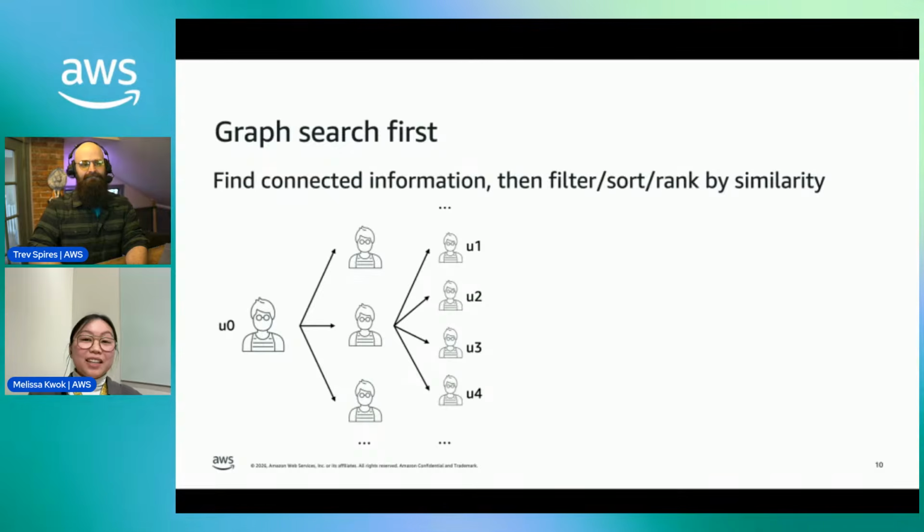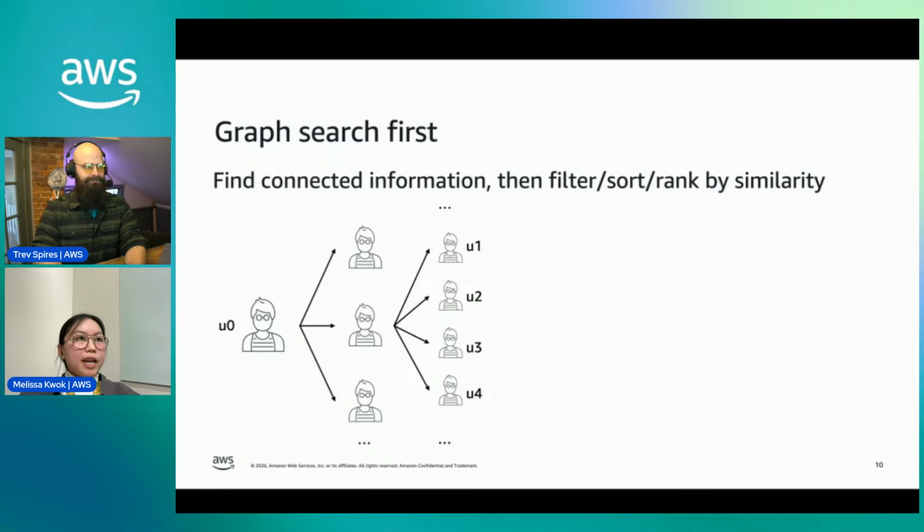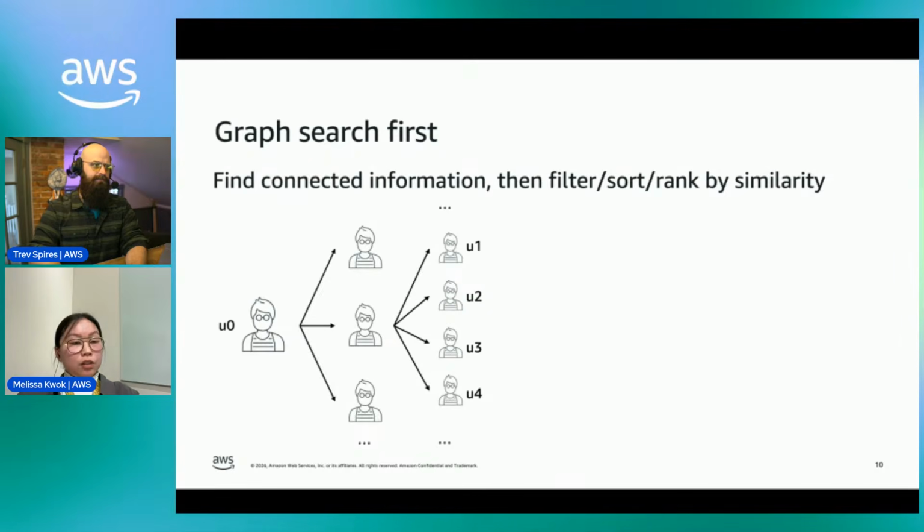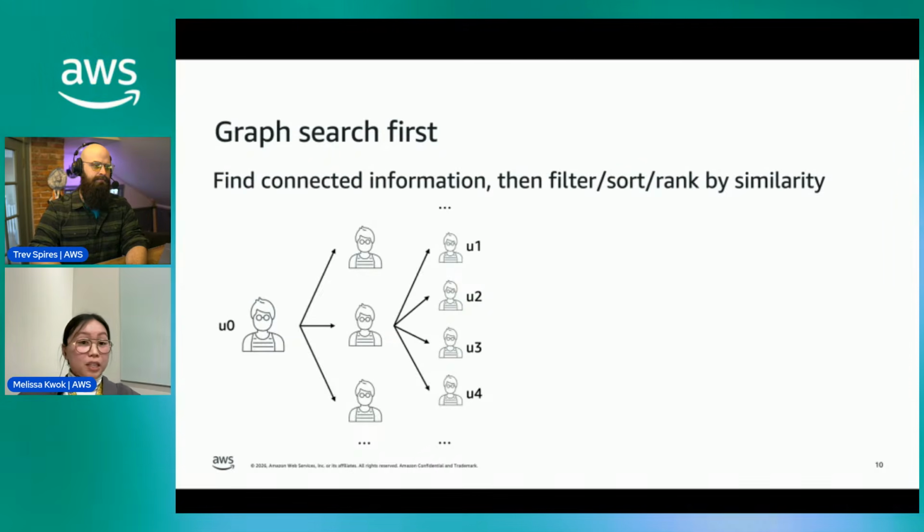Yeah. So the second pattern we see is doing the opposite. Instead of finding the starting points of our graph search through the top K, we're actually going to use vector search and vector similarity as more of a filtering mechanism for our graph results.